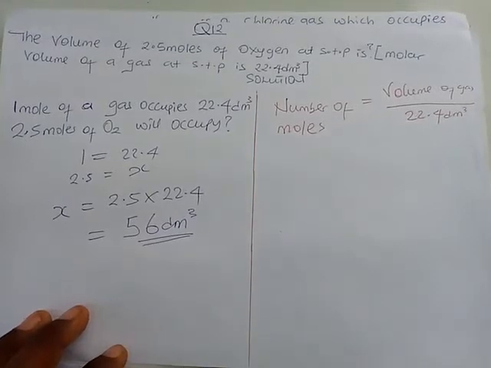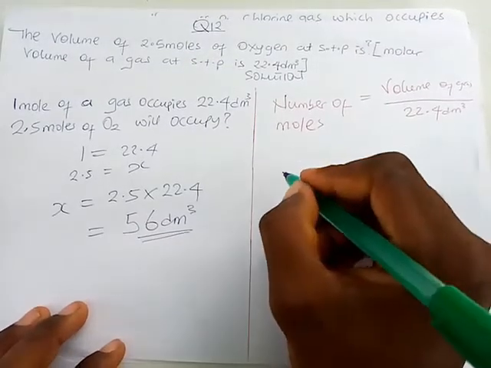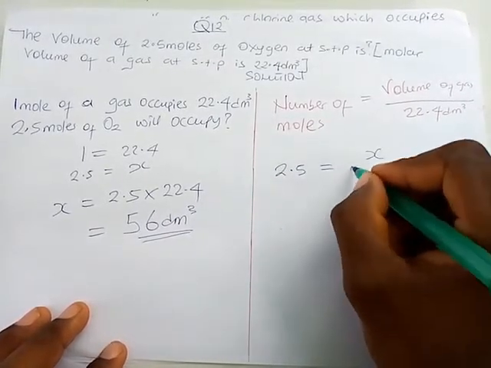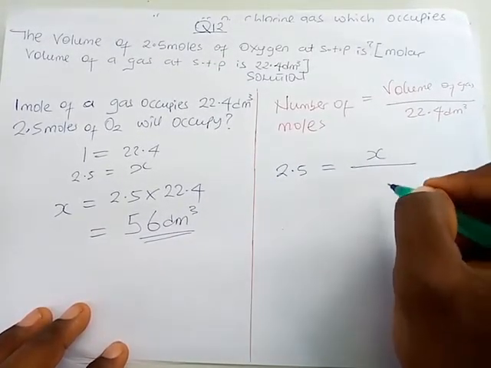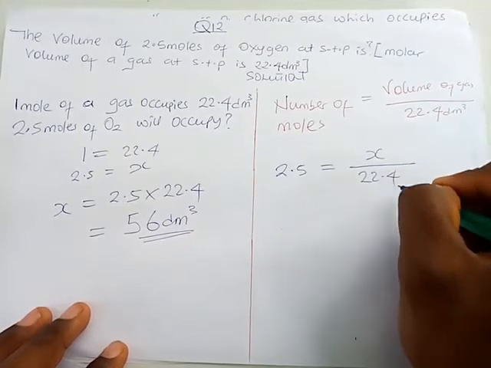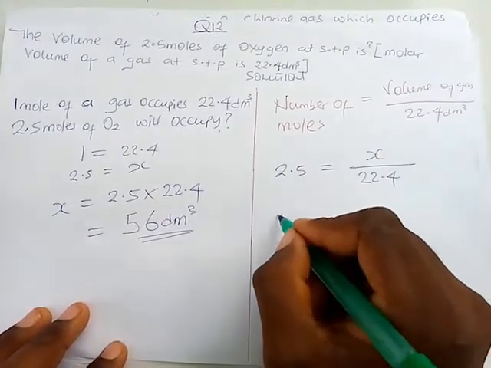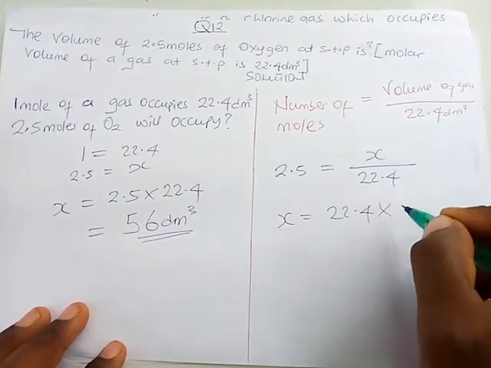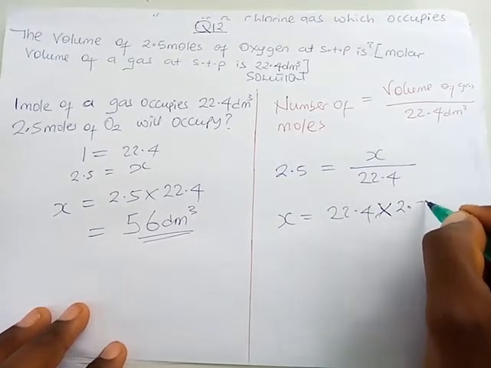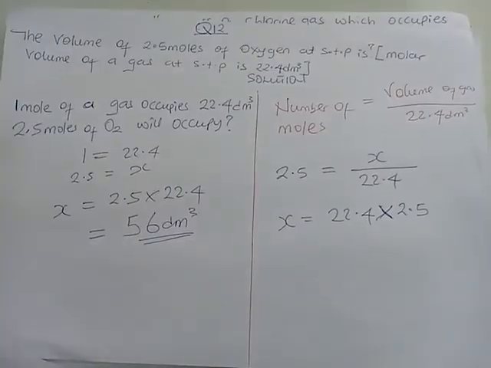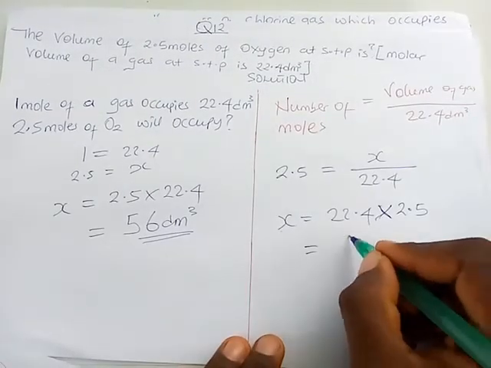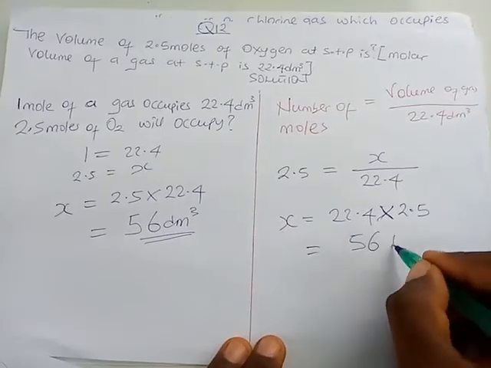So when we have it this way, we have been given the number of moles as 2.5. The volume is unknown. We're asked to find the volume. Then we'll have the molar volume as 22.4. Hence we'll have that the x is equals to 22.4 multiplied by 2.5. And that is equals to 56 dm cube.